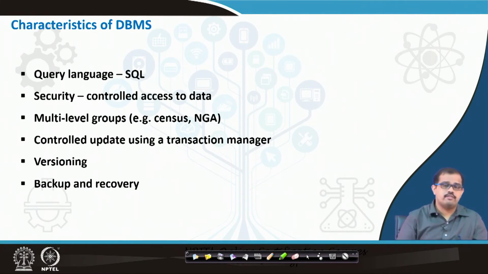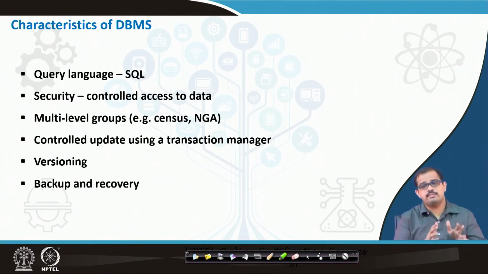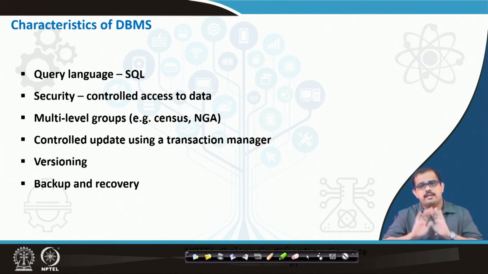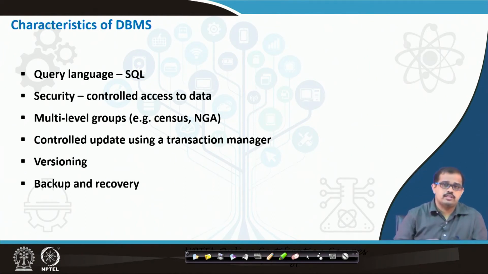Versioning is a very important feature of the database which keeps track of what has improved and how previous errors or loopholes in the database have been corrected over a period of time. Then the last one is backup and recovery. This forms a very important part of any database, because without backup there may be certain issues.